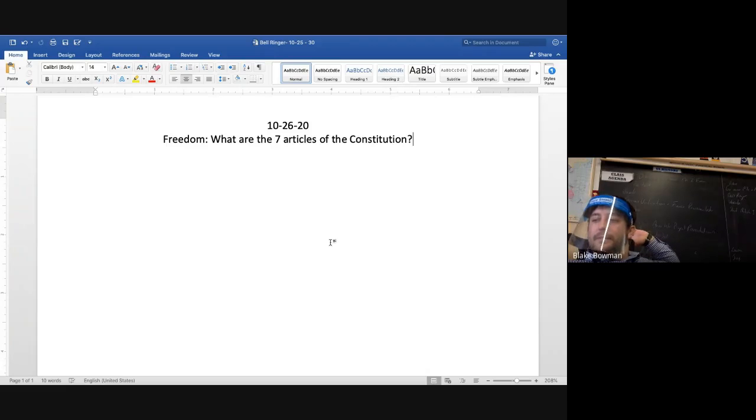The amendments, right? Which you're going to need to know all of them. How many amendments are there? 27. Yeah, okay. So you're going to need to know them. Don't worry. I'll make sure you guys are prepared for it. I'll pass out a worksheet to help you study them and understand those amendments, and it'll be like a Google form. It'll be easy. I promise.